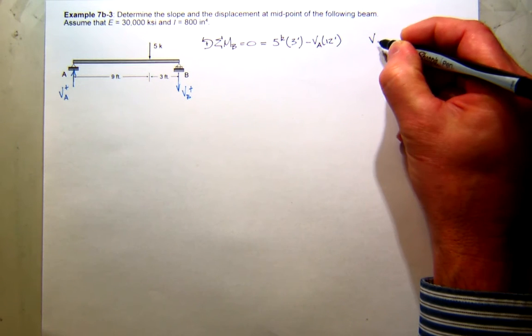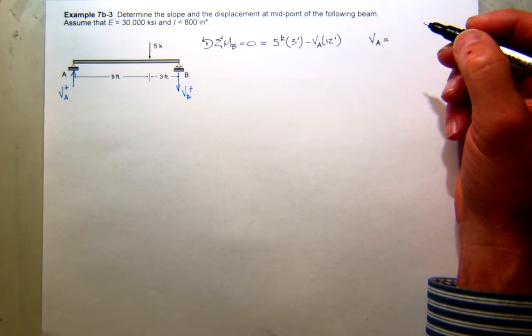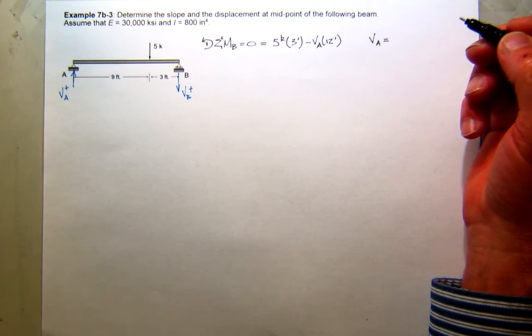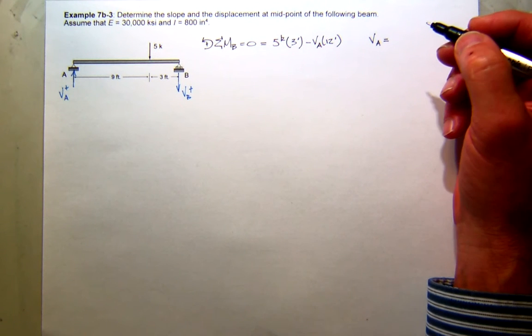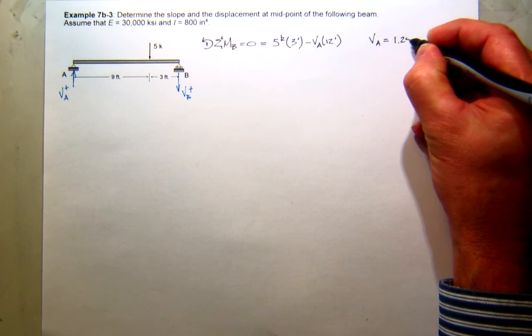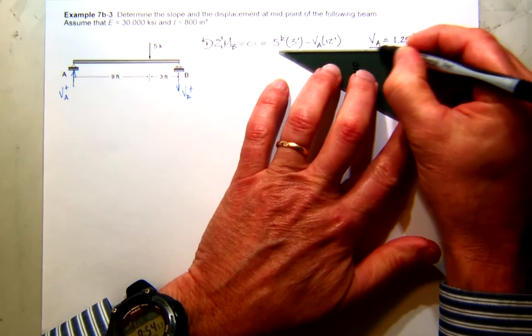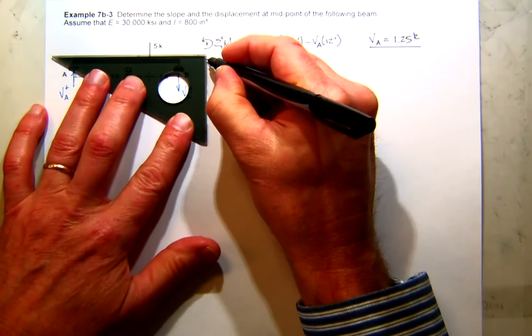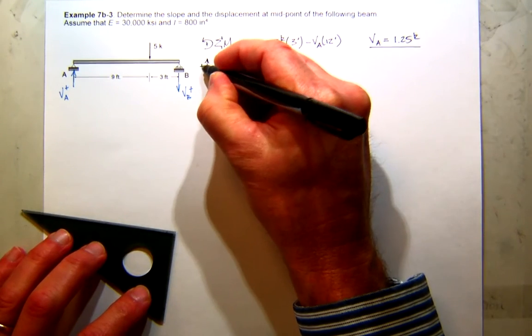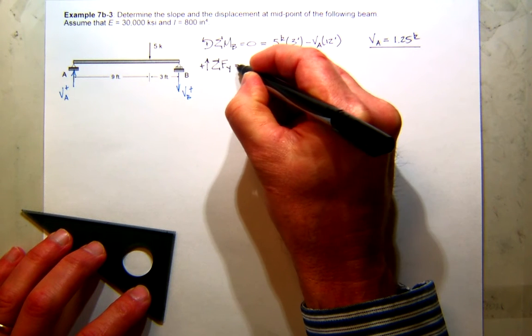So it looks like the shear at A is going to be 1.25. And then I can sum forces in the y direction and make sure that's in equilibrium.